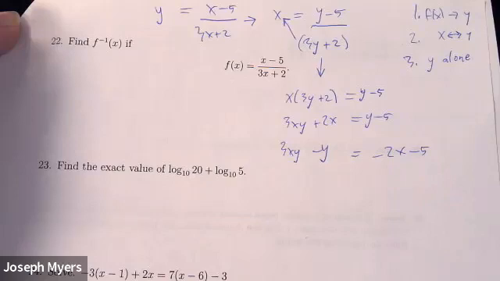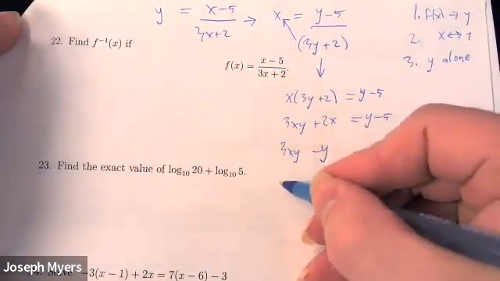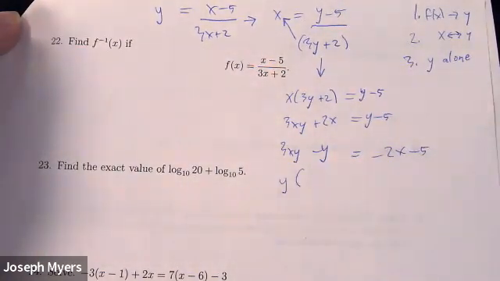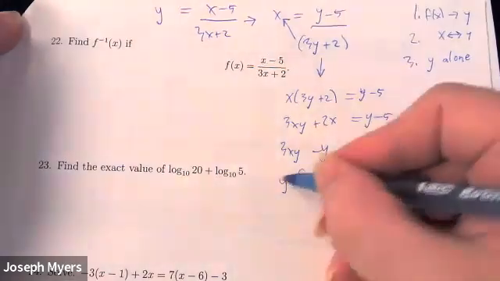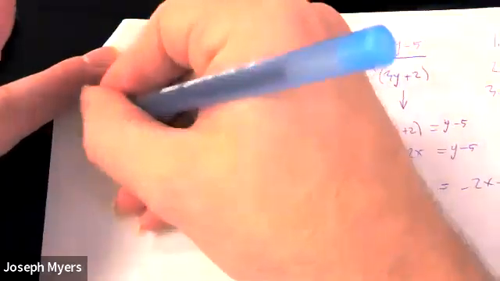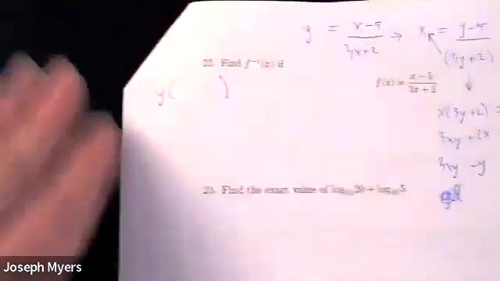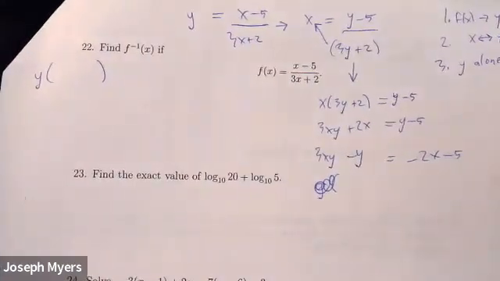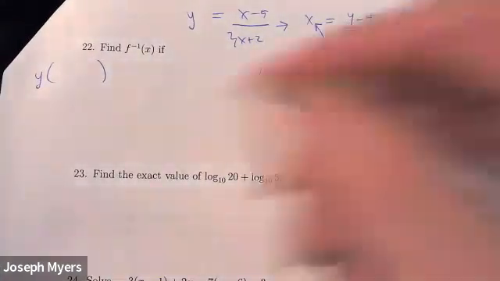Now you have to factor out the y because you have a y in the first part of that group and another y at the end of that group. If you take out a y from the left side, then you'll still have 3x left.